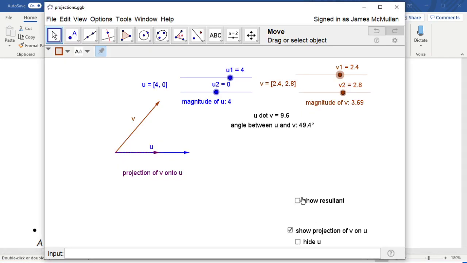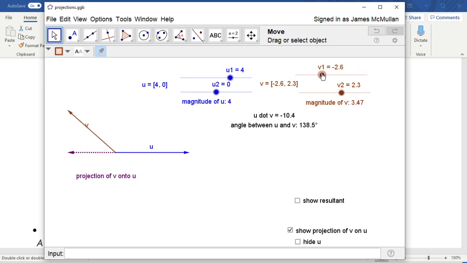Now, you can also project when the angle between them is bigger than 90. So let's imagine we point V the other way. Now the projection is actually still parallel with U, but it is pointing in the opposite direction of U. And this will happen whenever the angle between the two vectors is greater than 90.